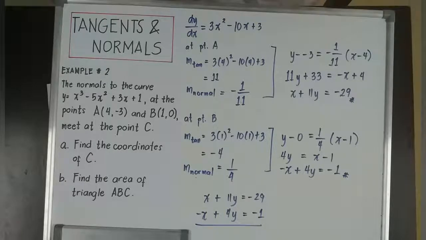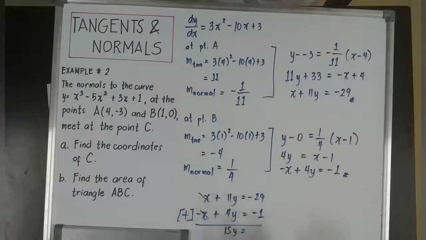What I'm basically using now is solve it using elimination. So eliminate whatever is there. Eliminate the same thing, but you see they have different signs. So if I add x plus negative x will be 0, so I can eliminate x. 11 plus 4 will be 15y.